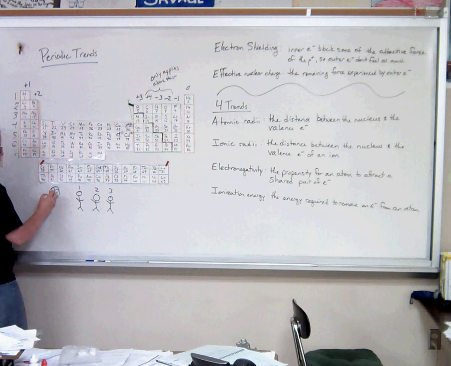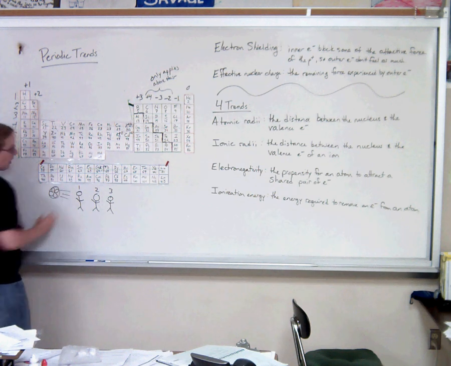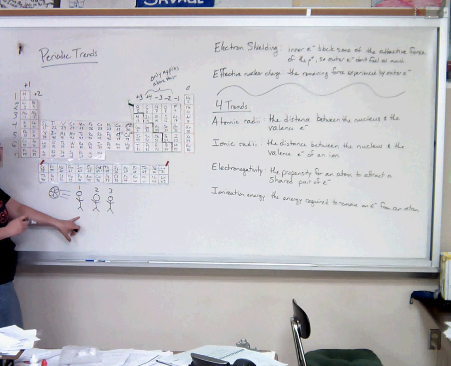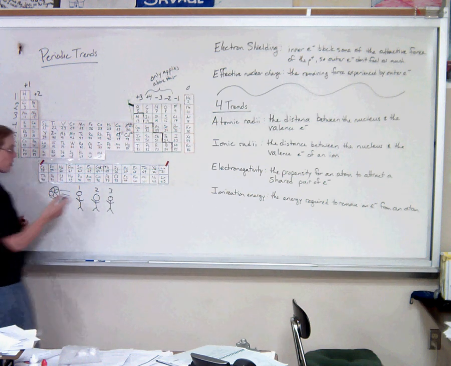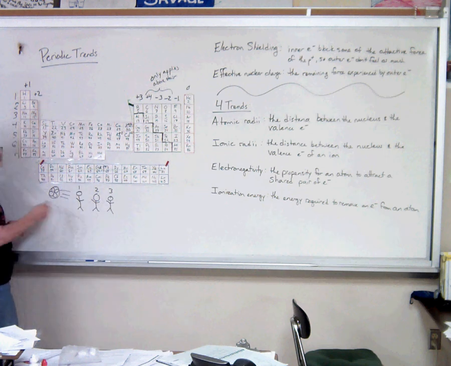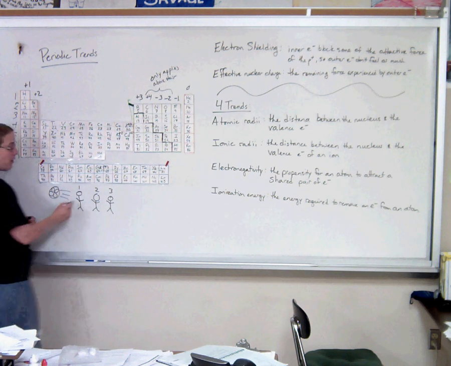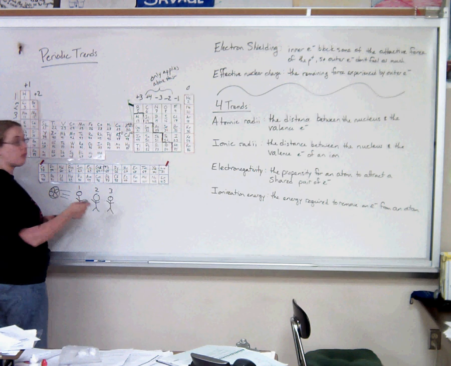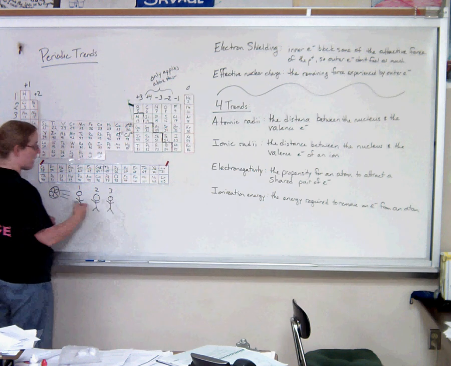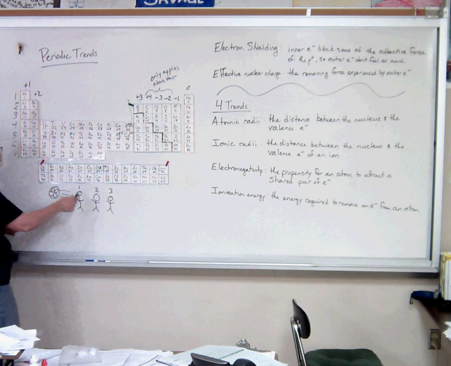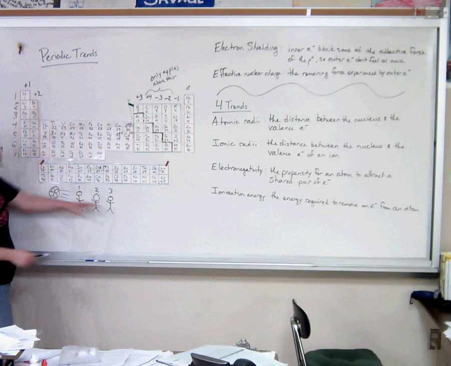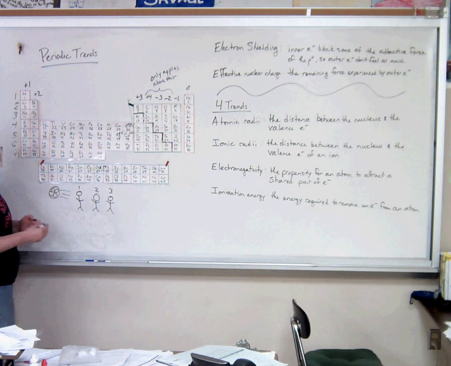The fan is blowing, and person 1 is feeling the greatest effect of the force of that wind. Person 2 is shielded from some of the force of that wind by person 1, and person 3 is feeling the least amount of that wind because it's being blocked by both 1 and 2, so it has the most shielding.